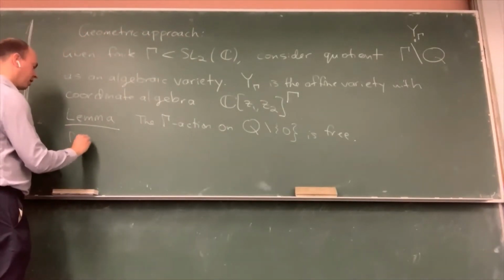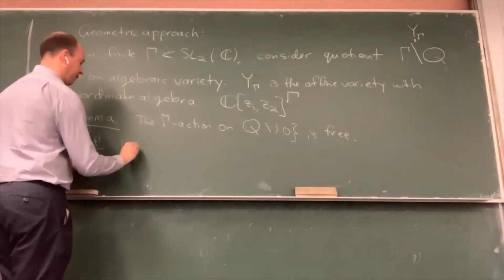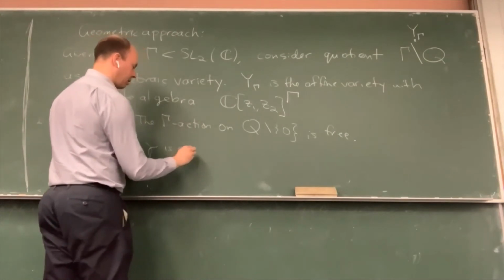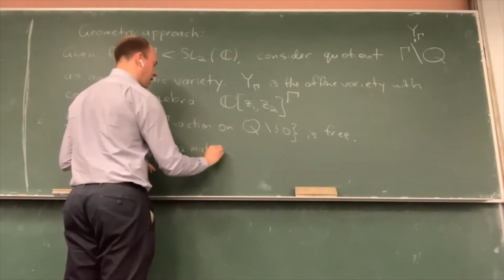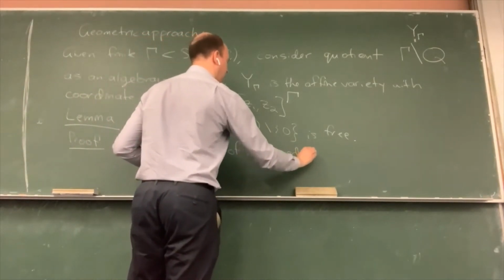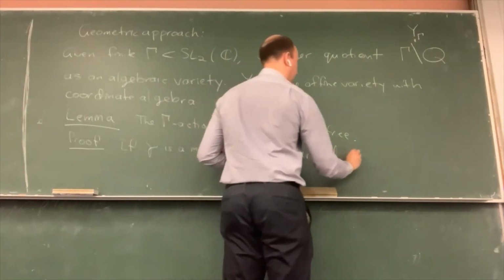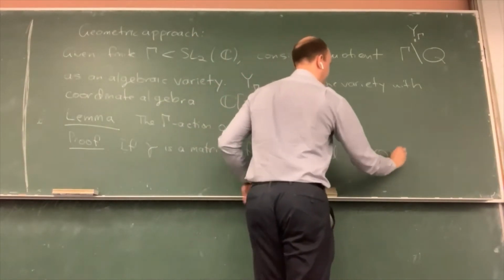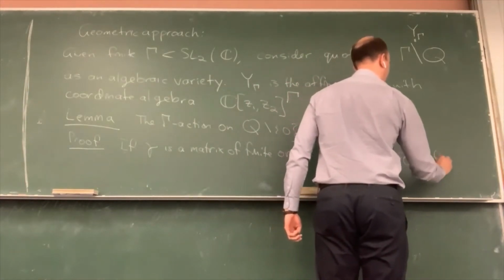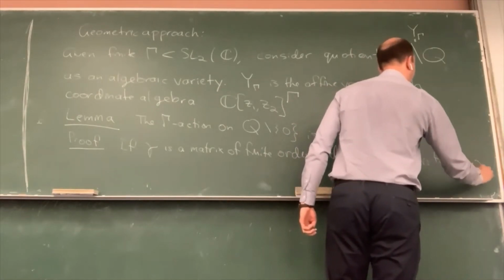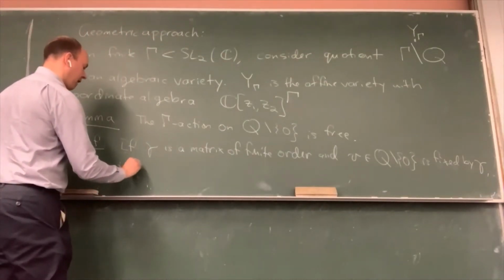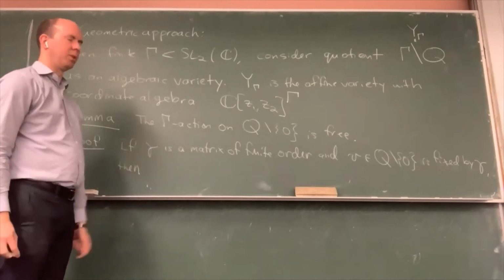This is just because if lowercase gamma is a matrix of finite order, and v is a non-zero fixed vector, then since it's finite order, it's diagonalizable.